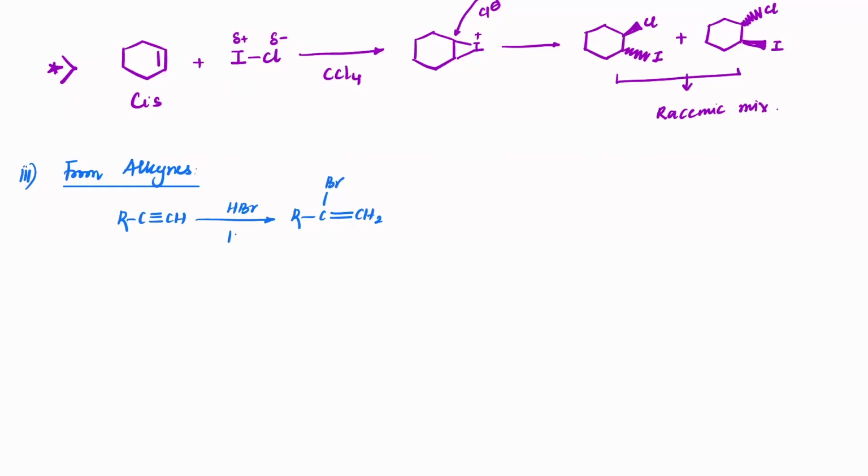This is the first equivalent, correct? If I add one more equivalent of HBr to that, this will typically go for electrophilic addition, and one more Br will come in the same position. So this is the major product form.